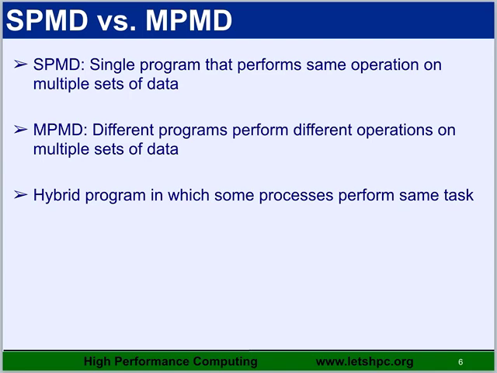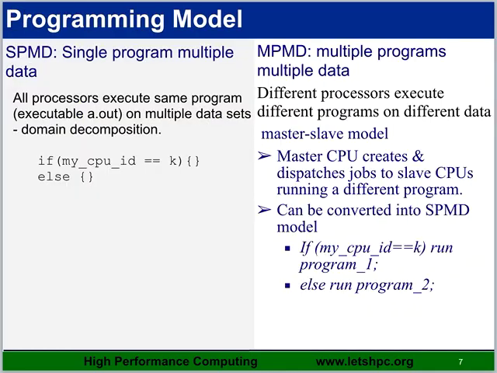In case of multiple program multiple data, you have different programs which perform different operations on different sets of data, and a hybrid program is one in which some processes perform the same tasks and others perform different tasks. To understand it in a better way, let us look into these small code snippets.